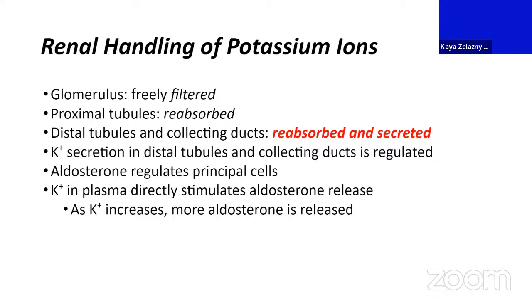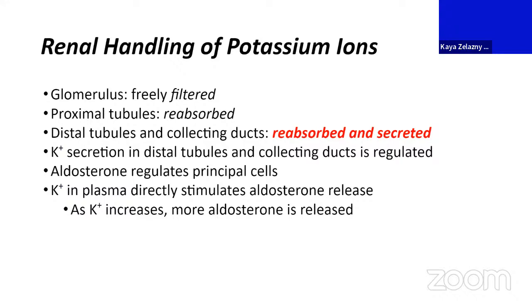Okay. In the proximal tubules, we have potassium reabsorption. So it's coming out of the filtrate, out of the proximal tubule, and it's going into those peritubular capillaries. So going back to your bloodstream. So that's our reabsorption. We don't do any regulating here.